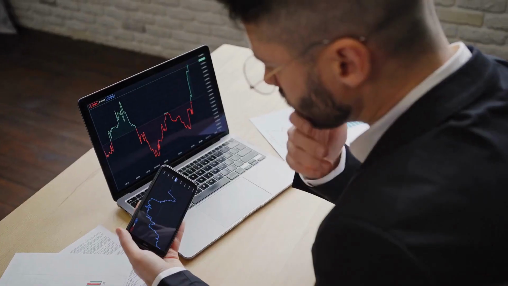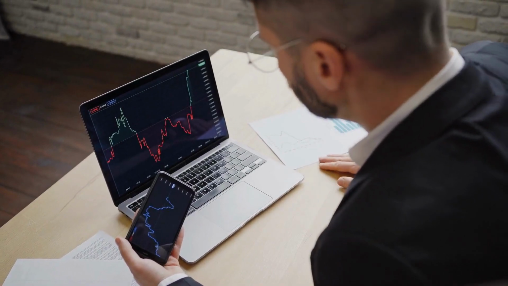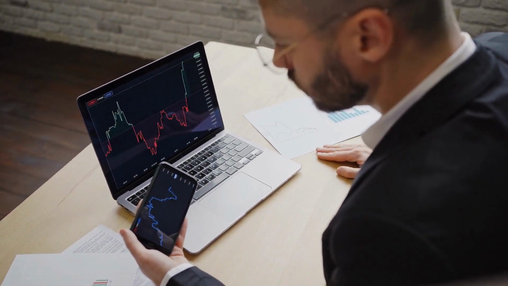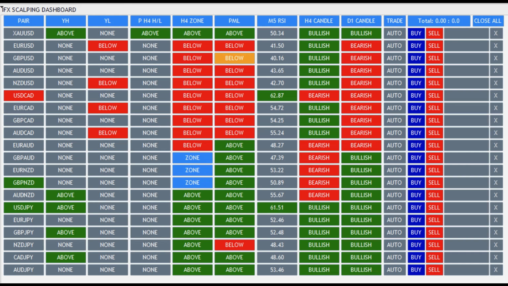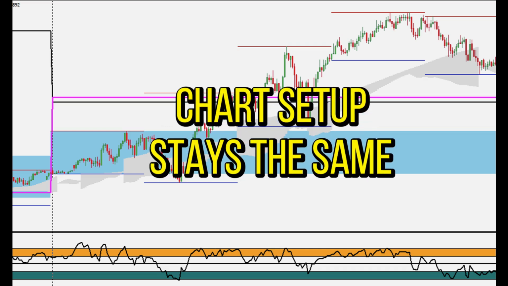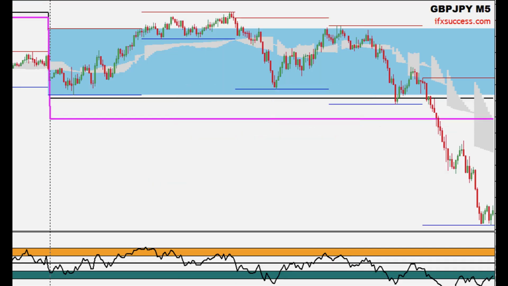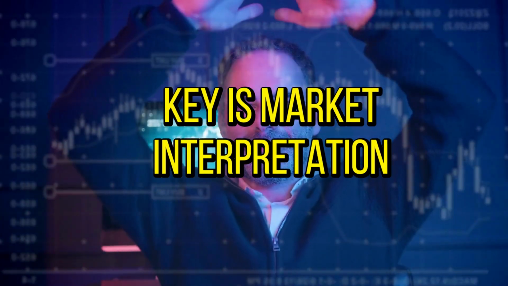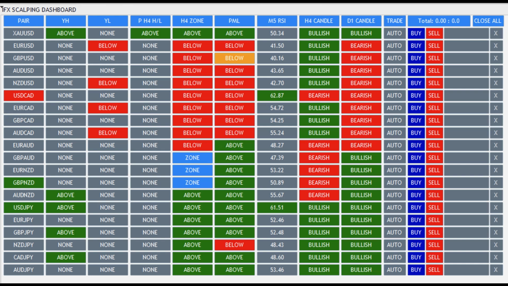However, remember that more is not always better, especially if you're a beginner. I've included additional columns for flexibility in case we want to use a different strategy later. The key thing to understand is that while the strategies may vary, the chart setup remains the same. It's just a matter of learning to interpret the market in different ways using the same tools.